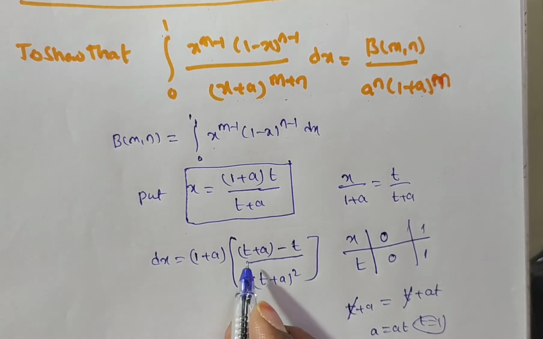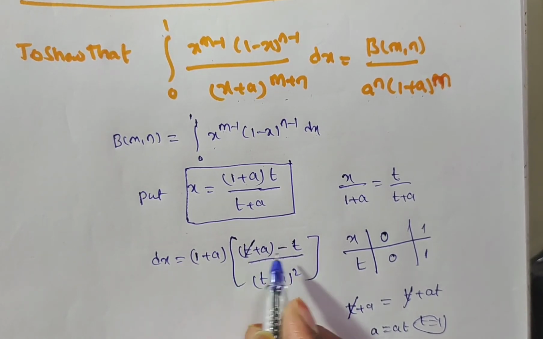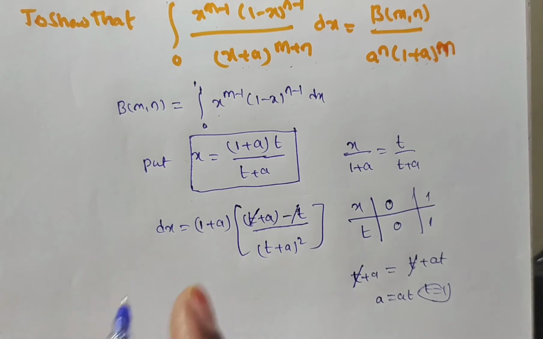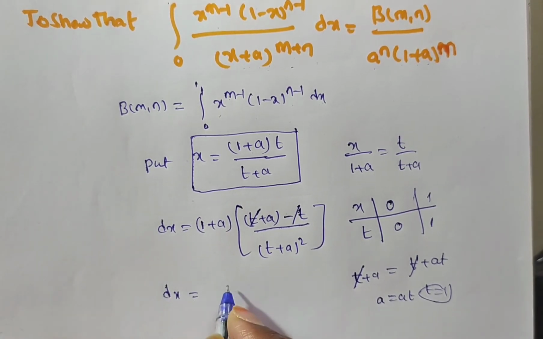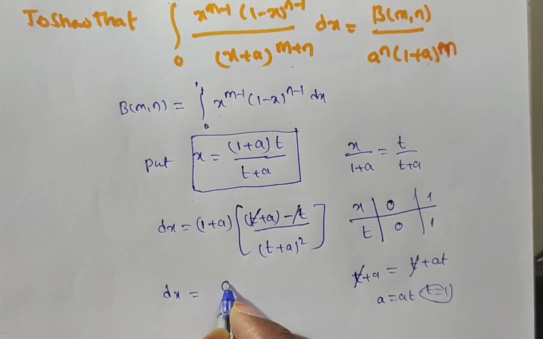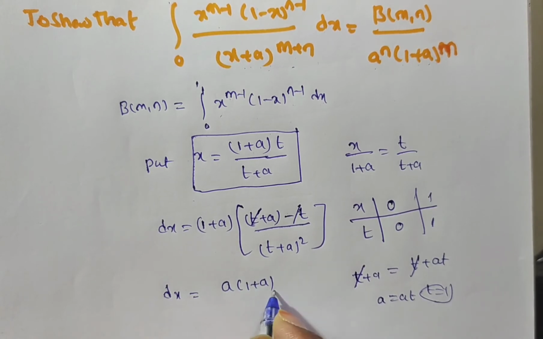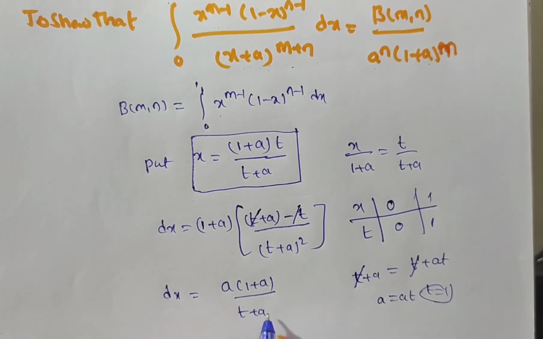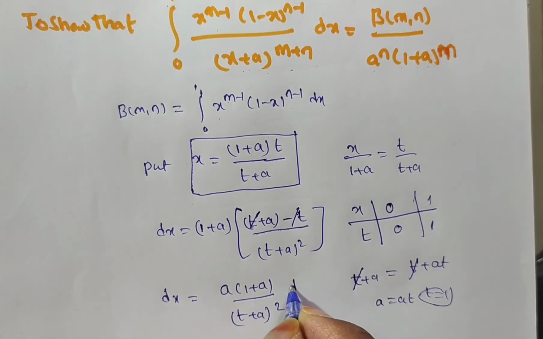In this case you multiply, here you see plus t minus t getting cancelled. Then dx is equal to a into 1 plus a by t plus a whole square into dt.